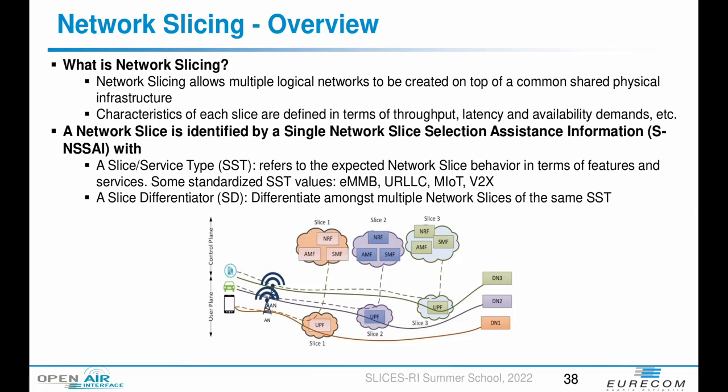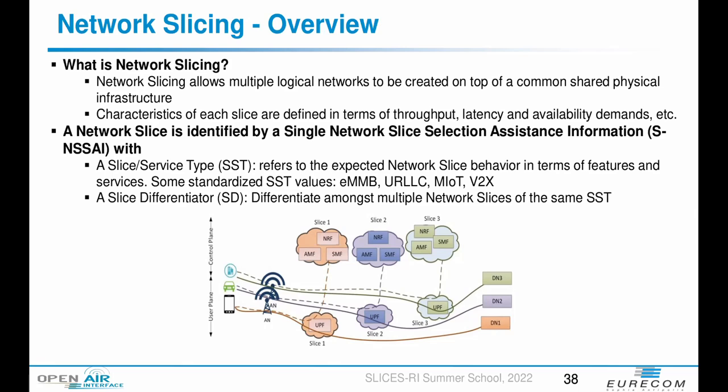And then you have the slice differentiator, SD, which basically differentiates between network slices. So you can see here in the figure that we have three different slices for the control and user plane, and three different DNNs.